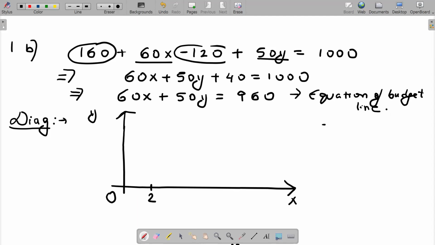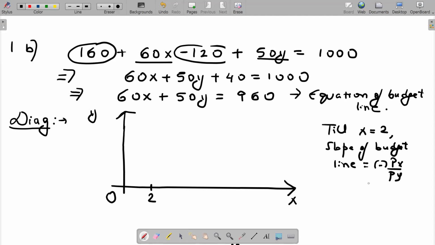That means till X equal to 2, slope of the budget line is minus Px by Py, which is minus 80 by 50, which is minus 1.6.